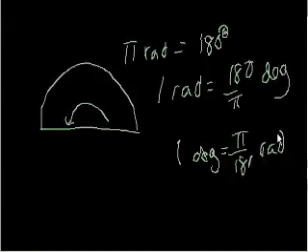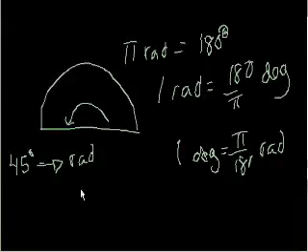So let's do a couple problems where you'll get the intuition for this. If I asked you to convert 45 degrees into radians, well, we know that 1 degree is pi over 180 radians, right?